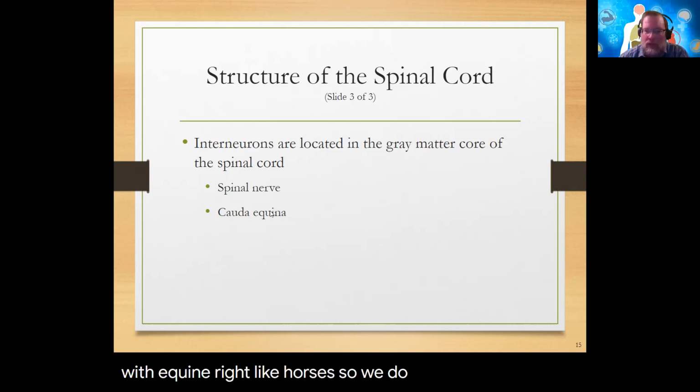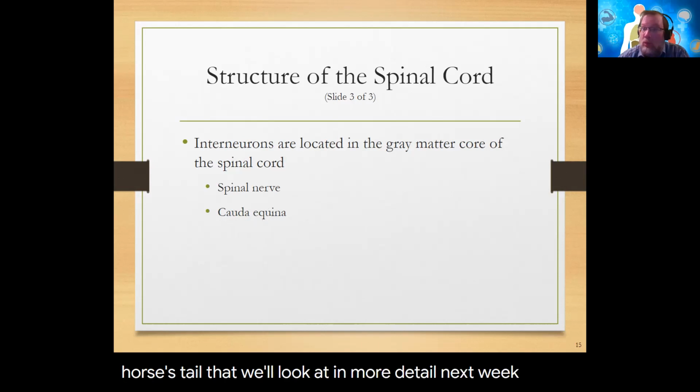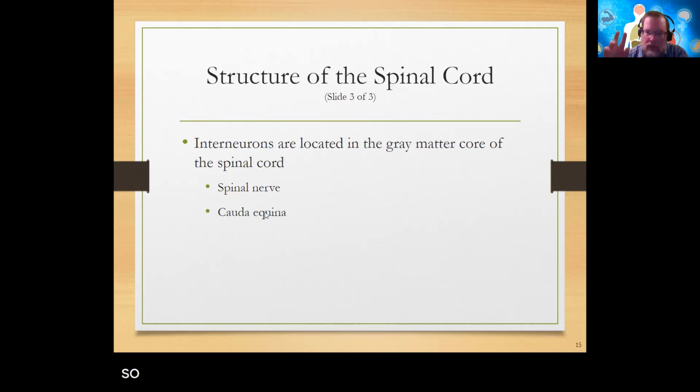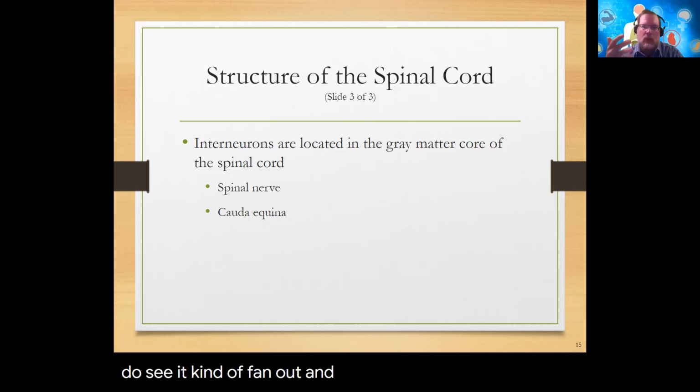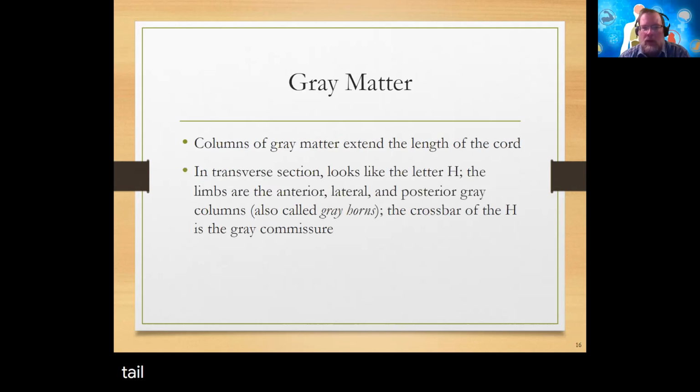So we do have what's called a horse's tail that we'll look at in more detail next week when we get into the peripheral nervous system. So the cauda equina, that's the end. As the spinal cord terminates at that L1 area, we see it fan out into what we call the horse's tail, or the cauda equina.